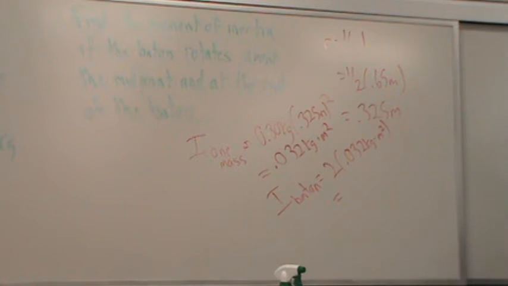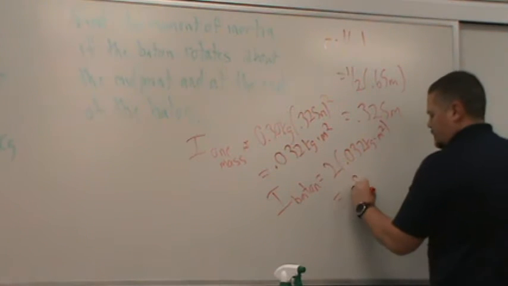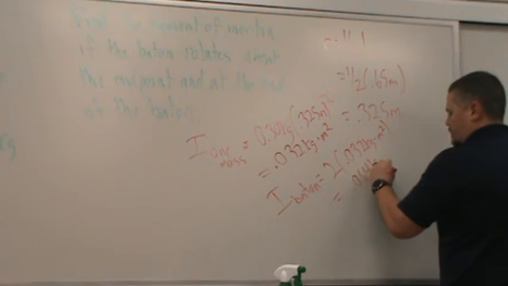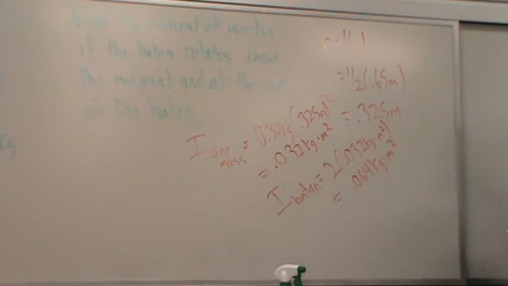So 2 times 0.032 is 0.064 kilograms meters squared. Where's the 1/12 go?